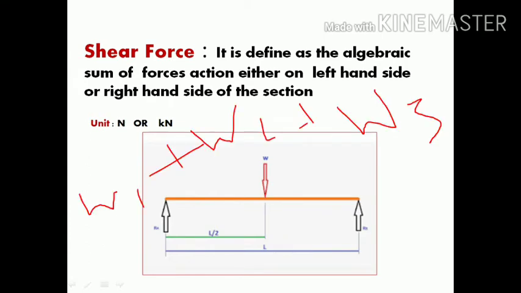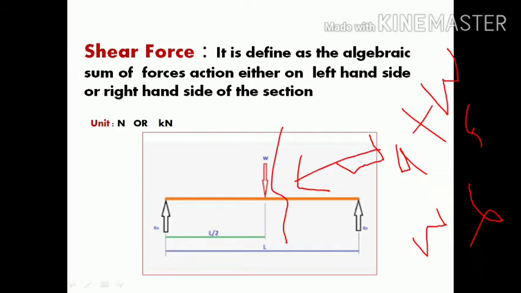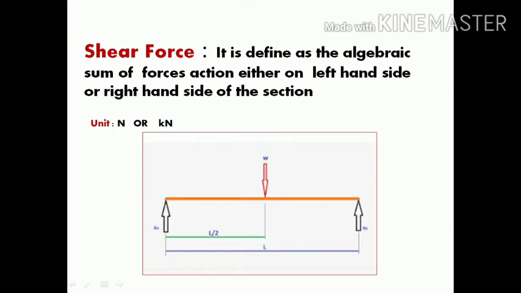If other loads W4, W5 and W6 are on the other side, then we can also sum all the forces on the right hand side. This is the algebraic summation on either side of the section of the beam. So it is shear force, and its unit may be newtons or kilonewtons.